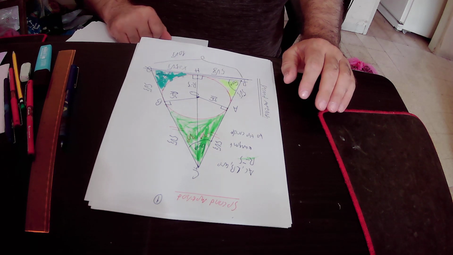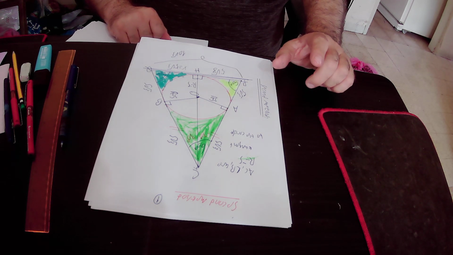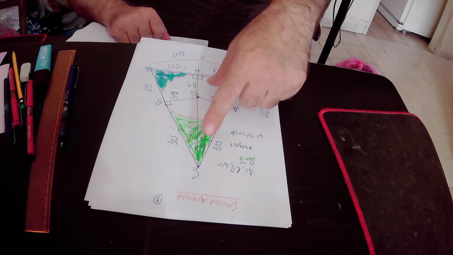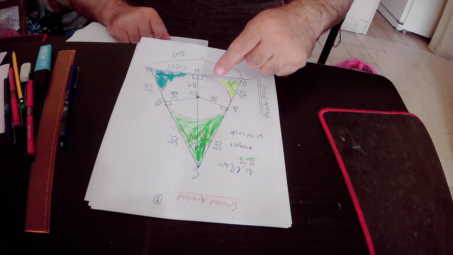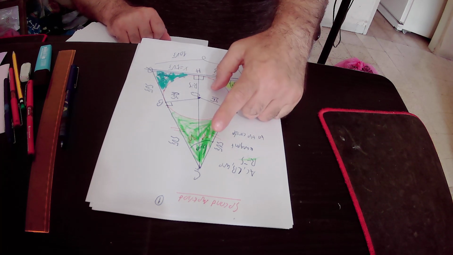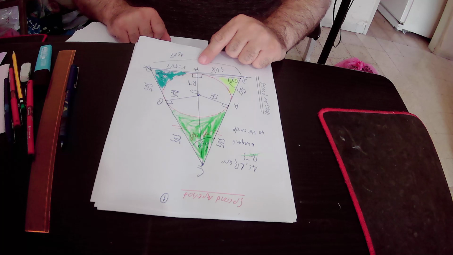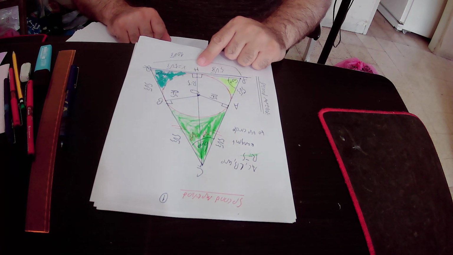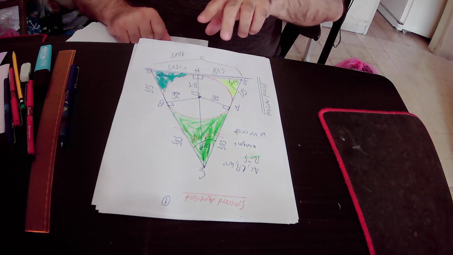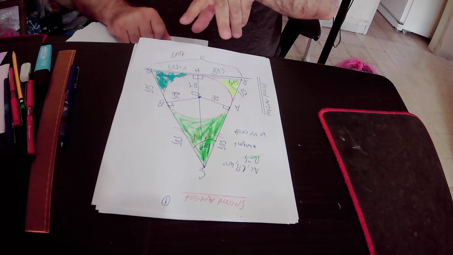We actually connected point C and O together by a straight line. Then we extended CO until it touches the circle at a point, and at that point we draw a tangent to the circle.